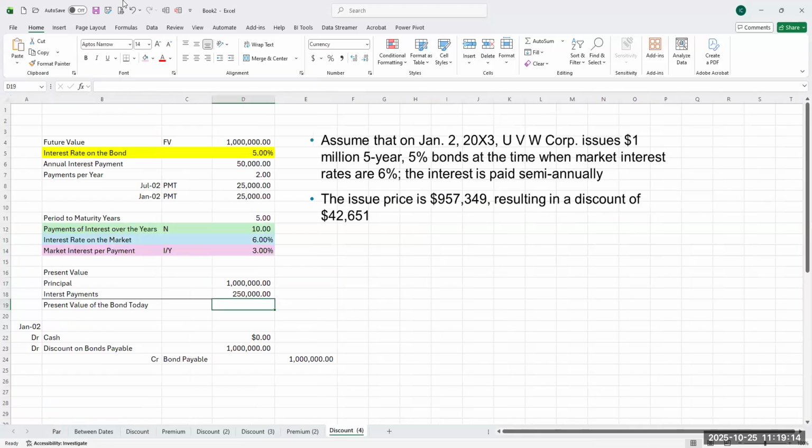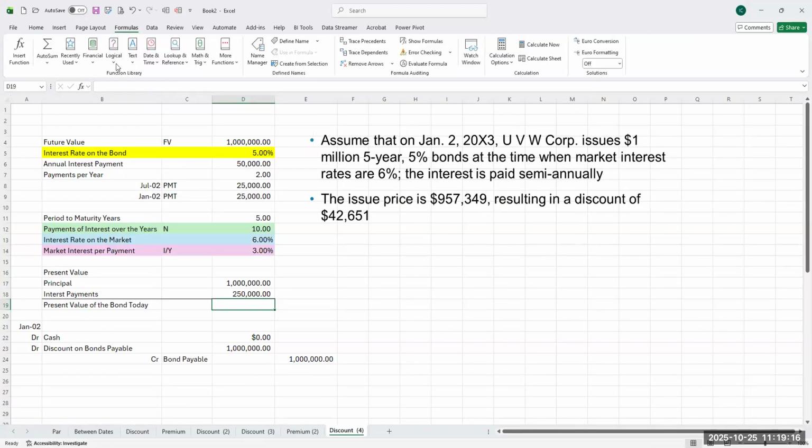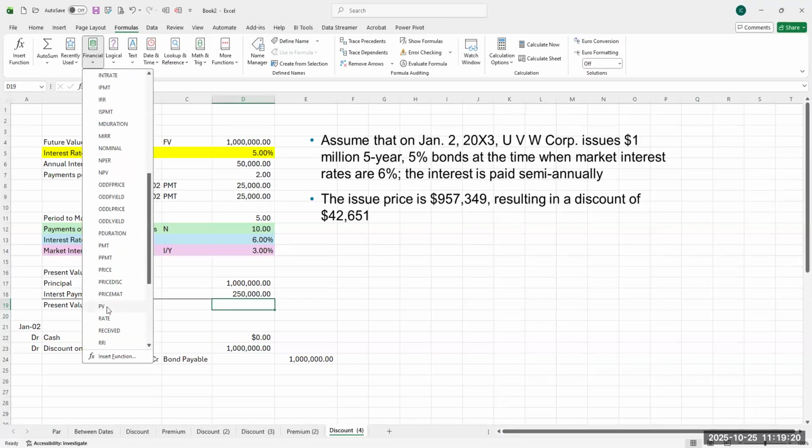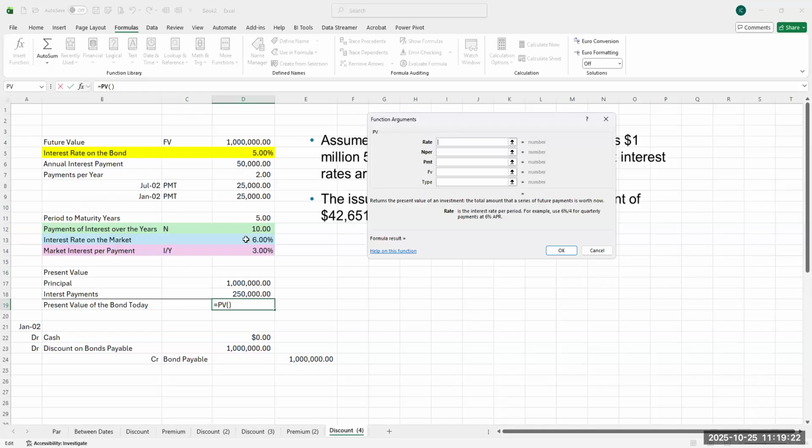So once we have this, we can go to the formulas. Again, financial, present value, PV. Start plugging in: rate is again the market rate. Then we go to the number of payments of interest over the life of the bonds, which is 10. Single payment is 25,000, which is an outflow for us.